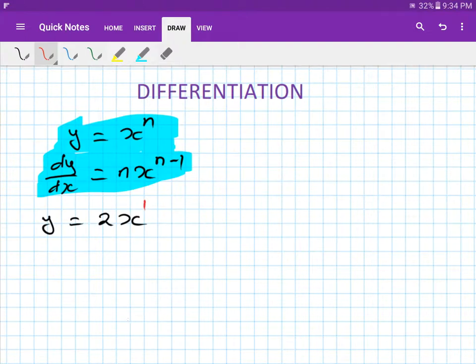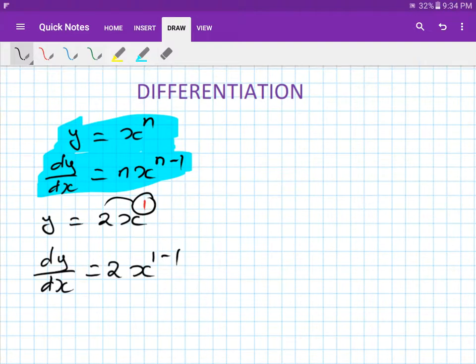So dy/dx equals: you bring the 1 in the front, so 2 times 1 is 2, and x power 1 less, so 1 minus 1 is 0. Anything power of 0 is 1. So 2 times 1 is 2. So the differentiation of 2x is 2.